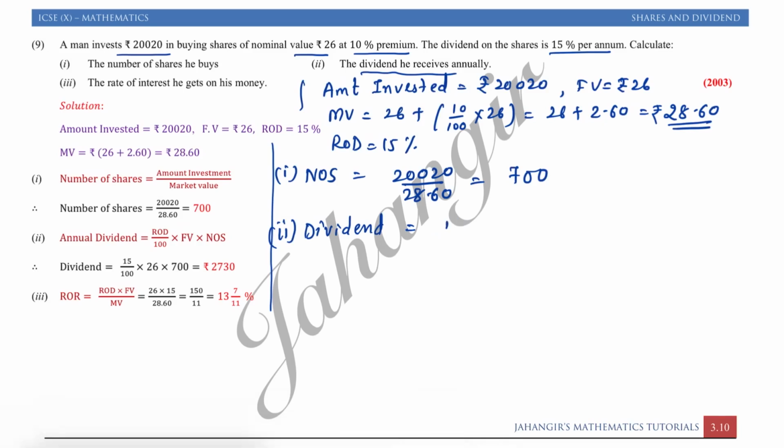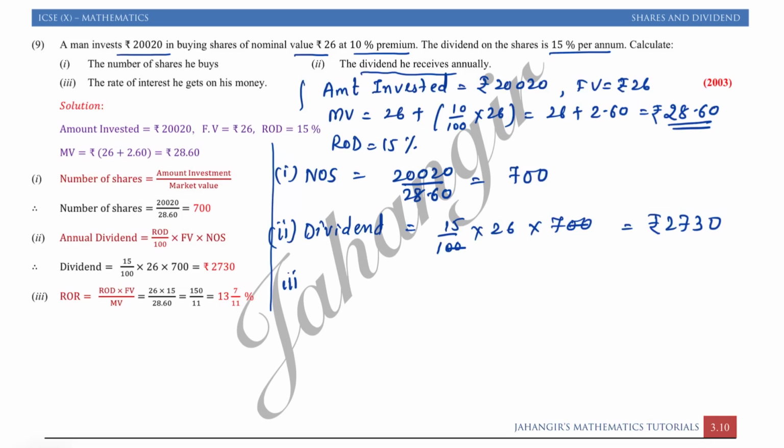ROD is 15% upon 100 into face value 26 into number of shares 700. So the 0s will get cancelled. 15 into 26 into 7, just multiply and check your answer. 15 into 26 into 7 is 2730.